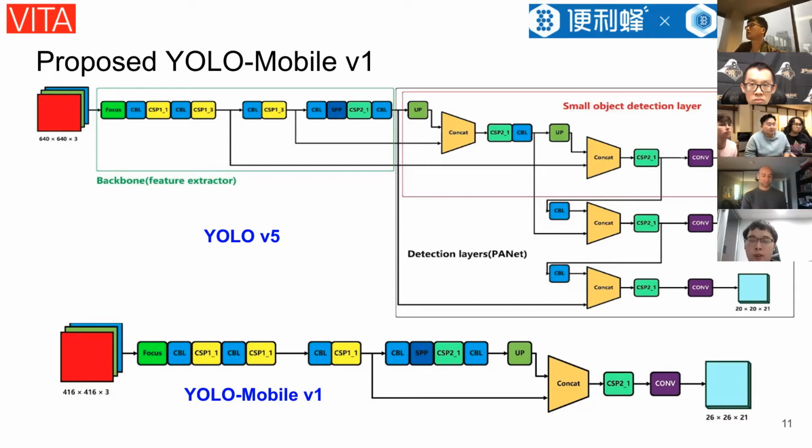We decrease all channel numbers of convolution layers by half to reduce the FLOPs, and all input images are resized to 416 to reduce the FLOPs. Next.